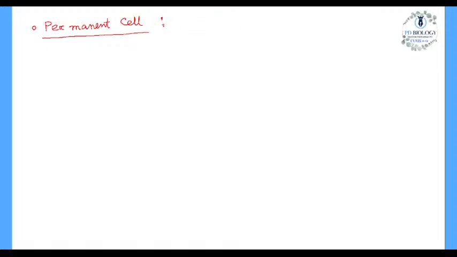This permanent cell, they lose ability to divide. Then the permanent tissue.